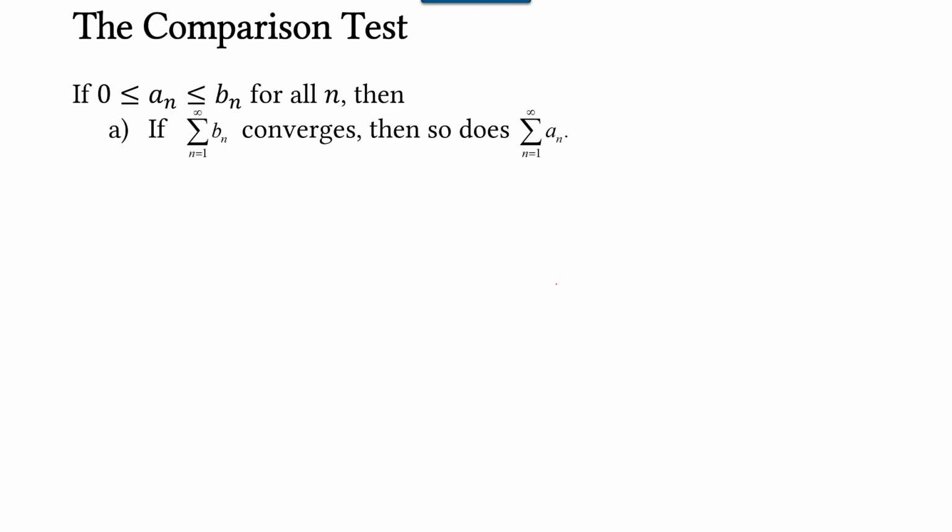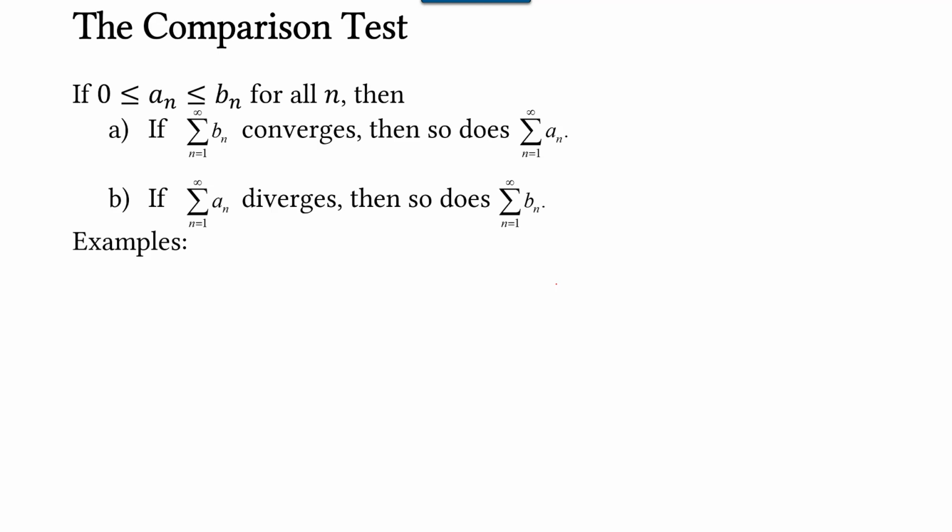So the full version here is that if we have an inequality 0 less than or equal to a sub n less than or equal to b sub n for all n, then if the series of the larger terms converges, so does the series of the smaller terms. This works the other way in that if the series of smaller terms diverges, then the series of larger terms also has to diverge. If the smaller one goes to infinity, so does the bigger one.